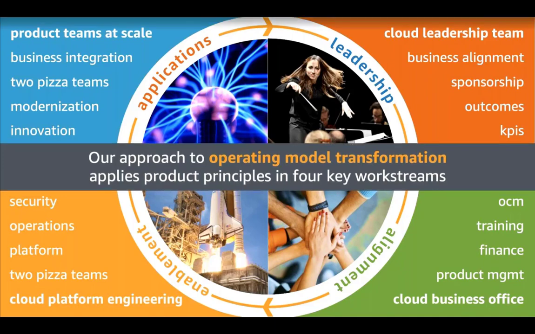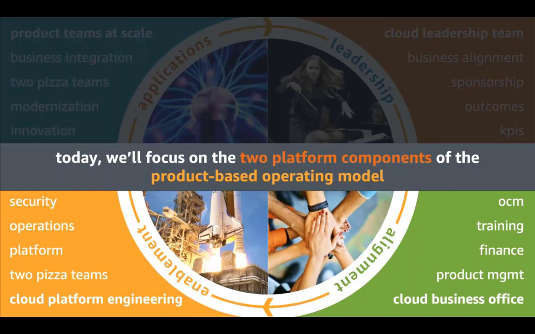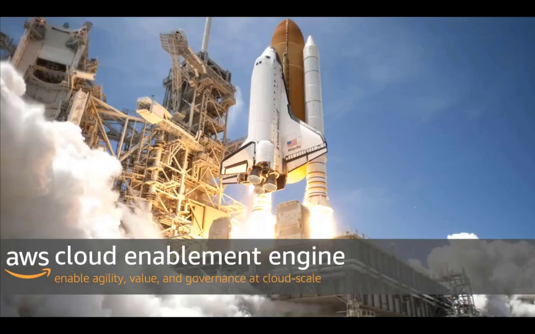For the rest of today's discussion, we're going to focus on the 2 platform components of the product-based operating model. Together, the Cloud Business Office and the Cloud Platform Engineering team make up something that we refer to as the Cloud Enablement Engine, your engine for accelerated and sustained adoption of AWS.